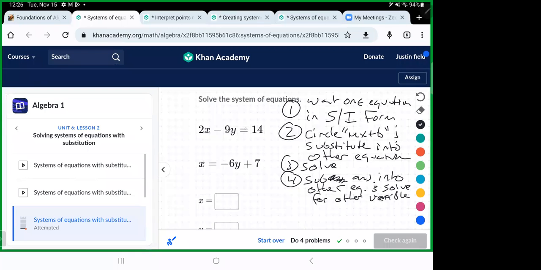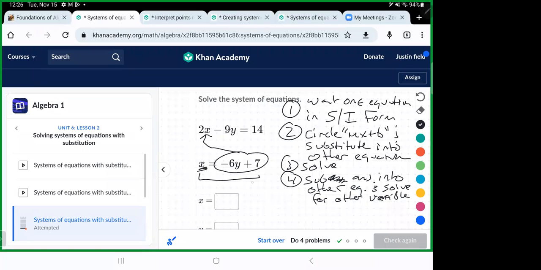Okay, so which one of these two is in slope-intercept form? Well, really neither, but this one has solved for x, so that's close enough. That's going to work. So I circle the mx plus b part, or the my plus b part in this case, and we're going to substitute that in right here because you see it says x equals.